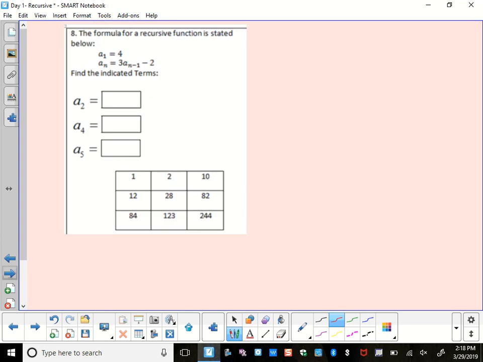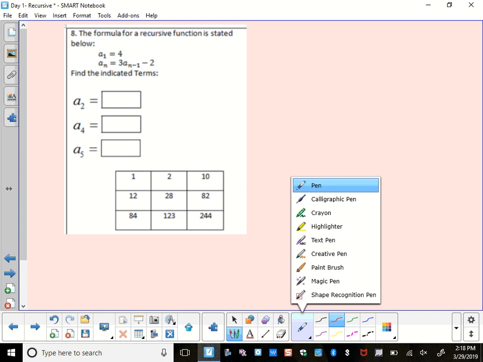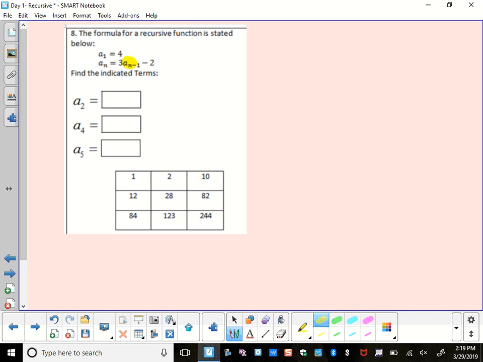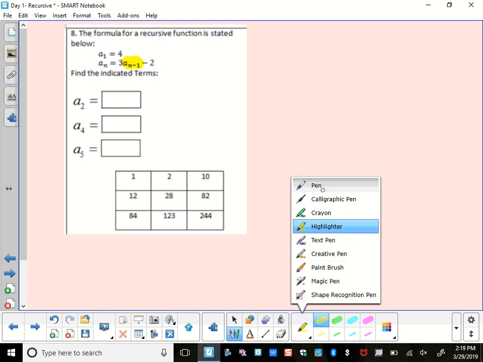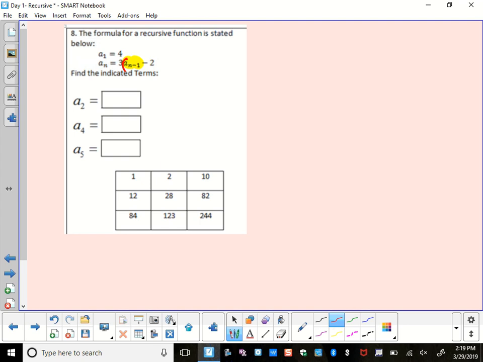All right, number 8. The formula for a recursive function is stated below. My first term is 4. My rule is 3 times my previous term minus 2. All right, they're asking me for all these terms up until 5. So on the side, I'm just going to do my work.